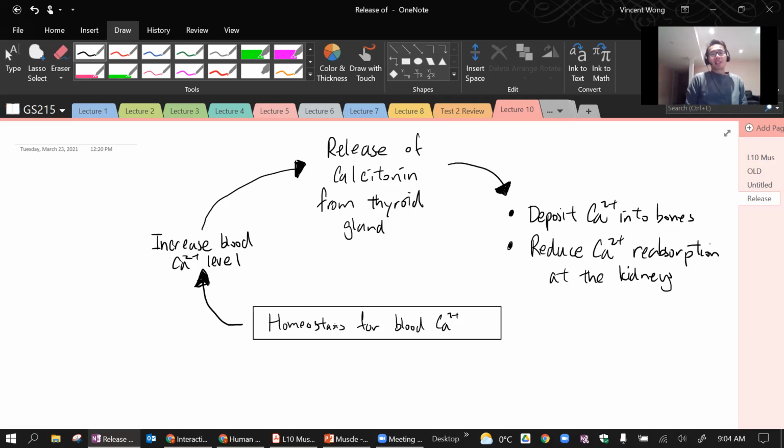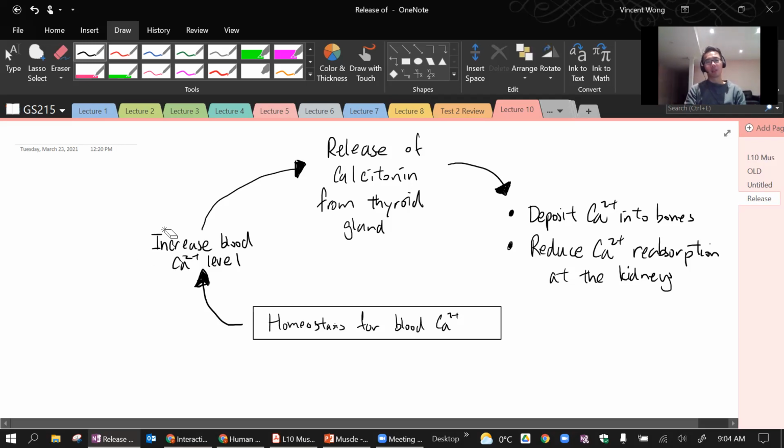And so in the presence of calcitonin, we are going to reduce the amount of calcium that we take back from the filtrate. We don't need it. We have a lot in the blood already. So together, these actions will reduce the calcium level, bring it back to homeostasis.